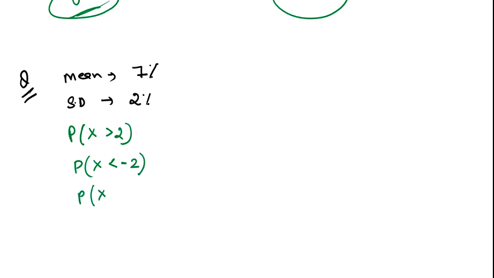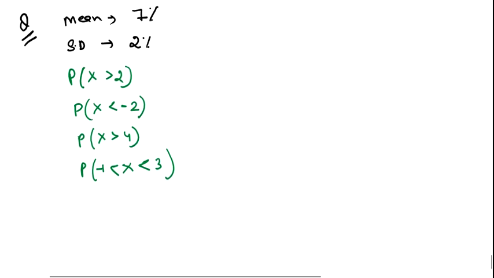Find out the probability for x greater than 4. Find out the probability for x less than 3 but greater than -1. Okay, these 4 probabilities. If we are able to find them, then definitely, trust me, we will become very confident with our preparation. Clear? So simply we have to convert x into z.